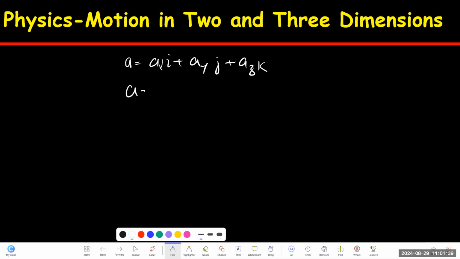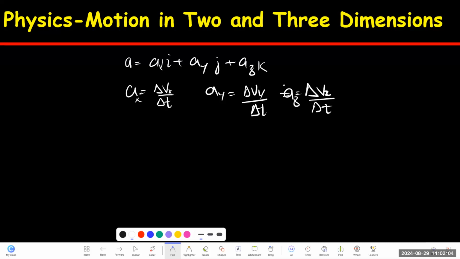I can also write ax equals delta vx over delta t, ay equals delta vy over delta t, and also az equals delta vz over delta t. Pretty much all the same applications apply. So if I want to add accelerations, I can add those components.